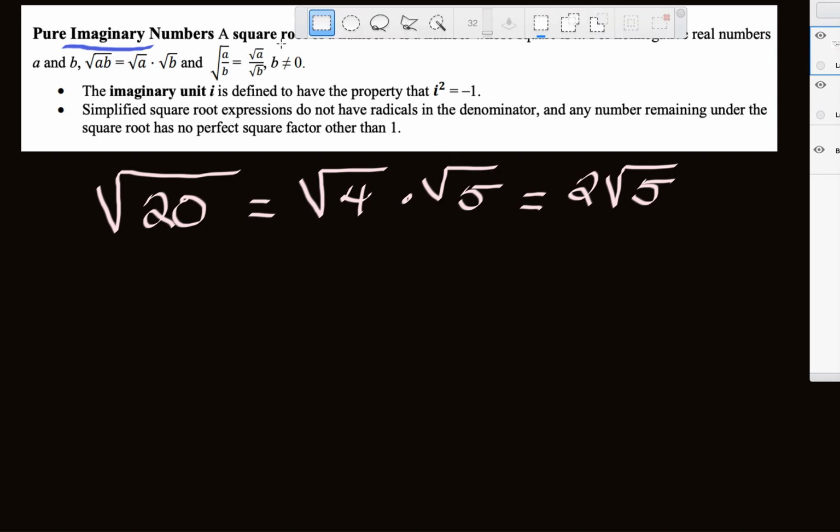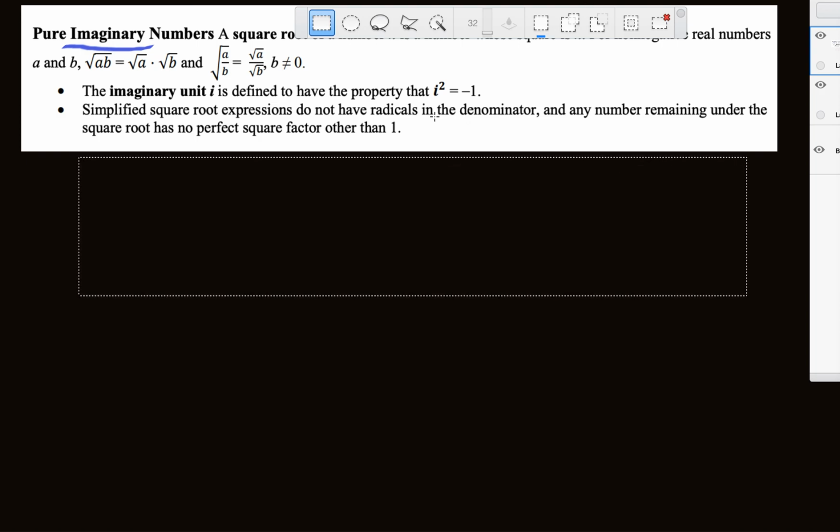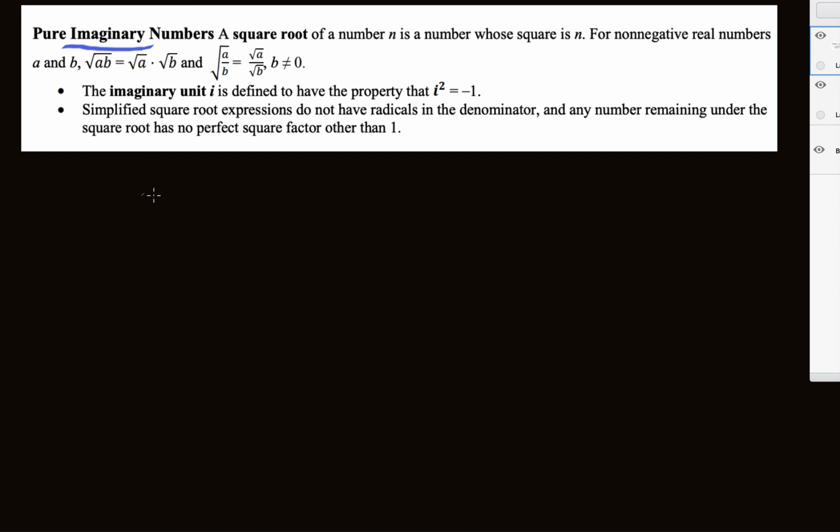So they said, for those of you who think that this is insane and we shouldn't be able to have negative square roots, we're going to give you a value and we're going to call it i. Not i for imaginary, just i. And i squared is going to be negative 1.